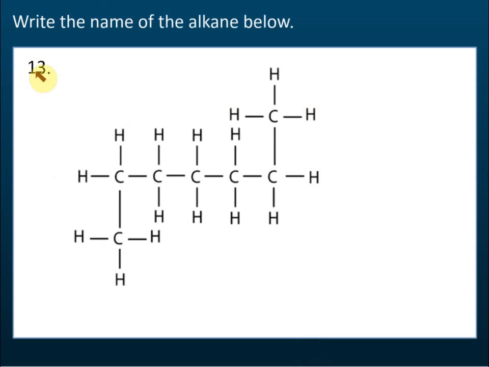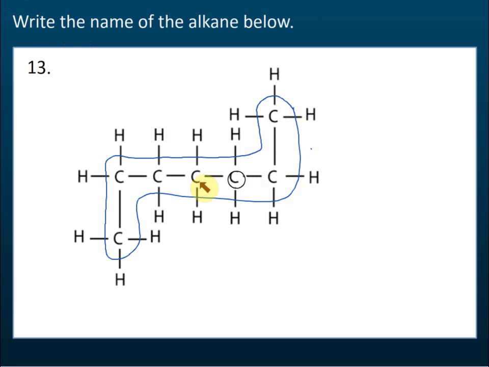So 13, let's start from 13. Okay, so this is the longest chain, and it has no branch or branches. And it has 1, 2, 3, 4, 5, 6, 7 carbons.